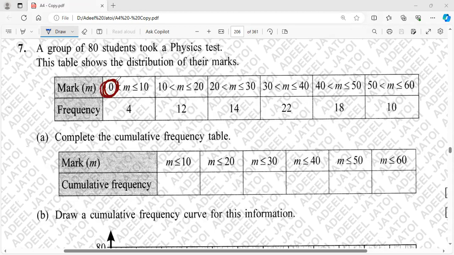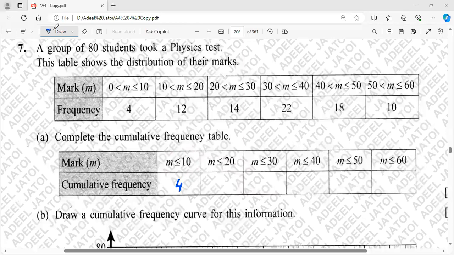But considering this, the initial point is 0, right? So at 0, your cumulative frequency will be 0 as well. But your class width is ending at 10. Complete the cumulative frequency table. At 10, your cumulative frequency will be the frequency itself, so at 10, you will be writing down 4.